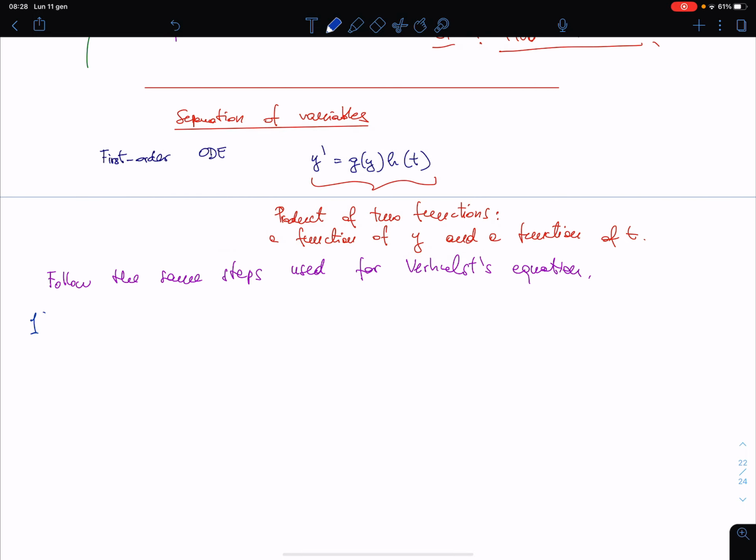The first step was to find constant solutions, namely algebraic solutions, so numbers.